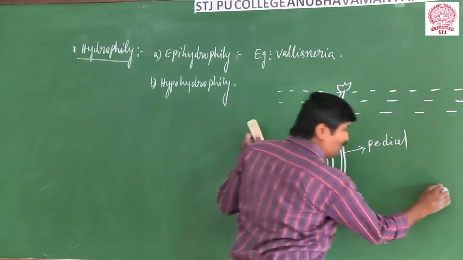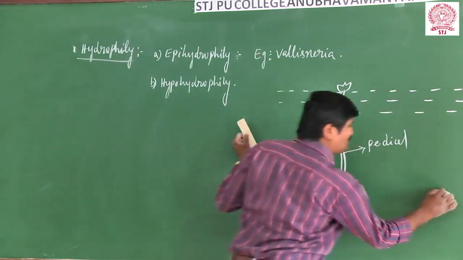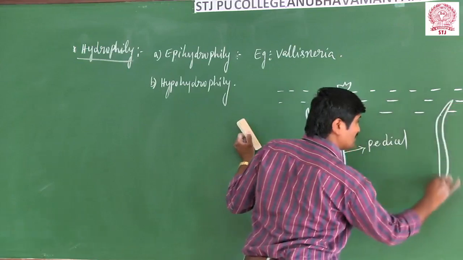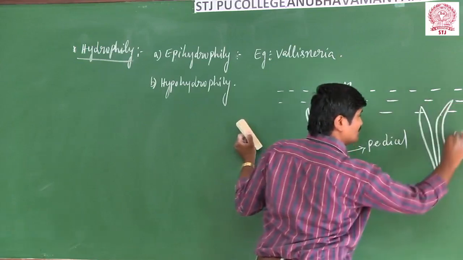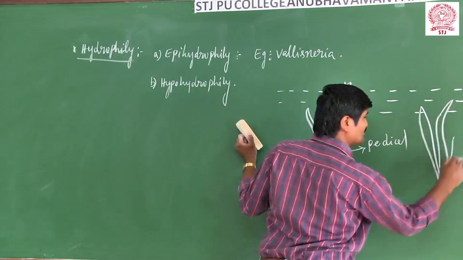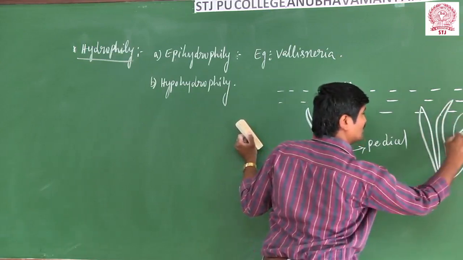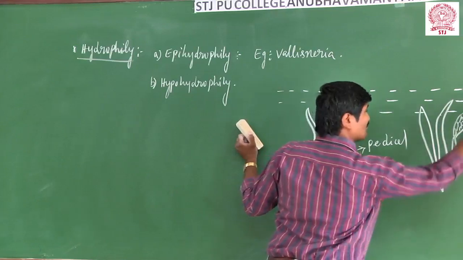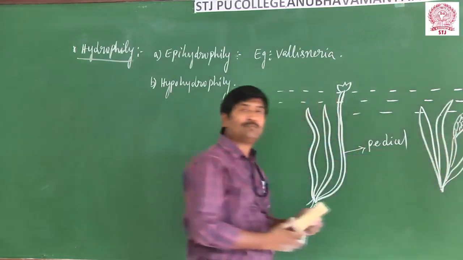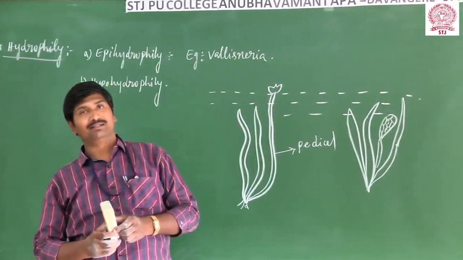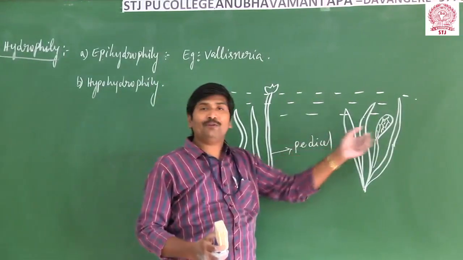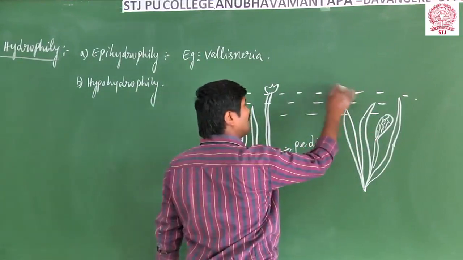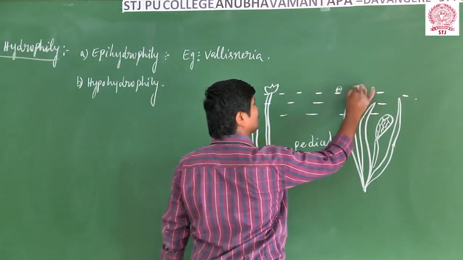What about the male? The male plant, this is a male inflorescence. The male inflorescences are present inside of the water. When this male inflorescence bursts, it releases the male flowers on the upper surface of the water.